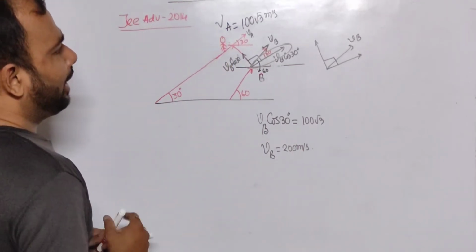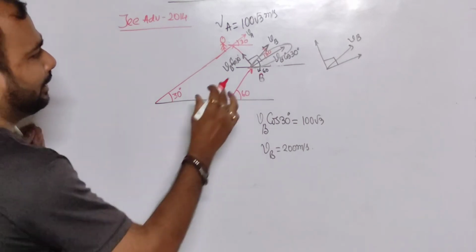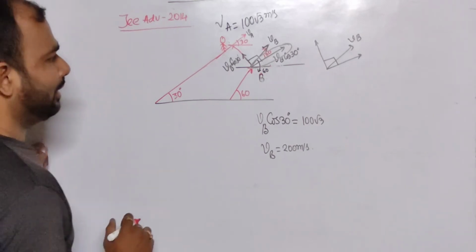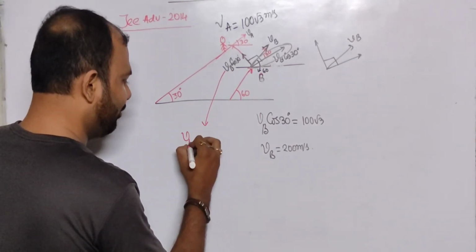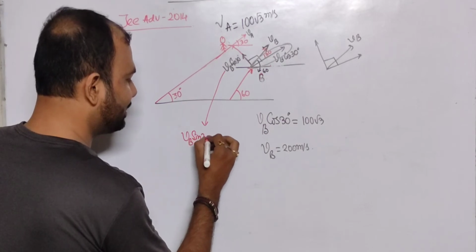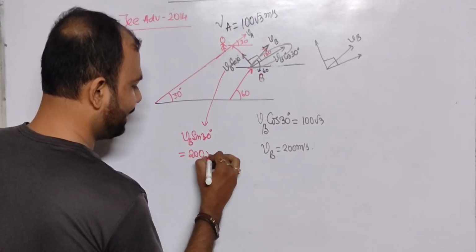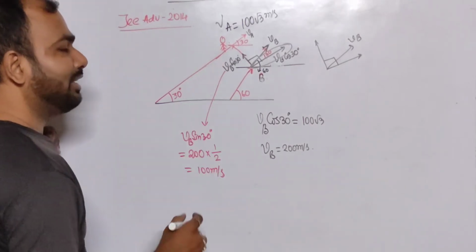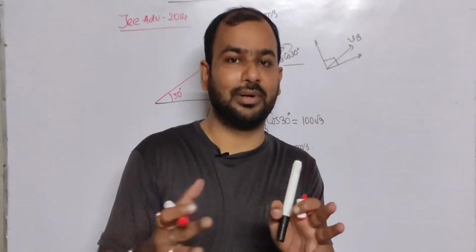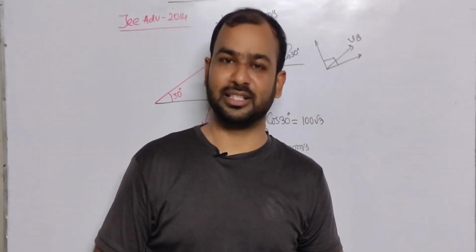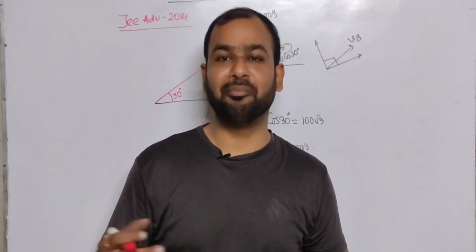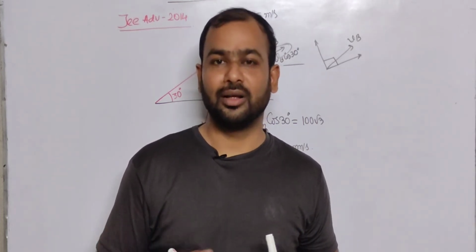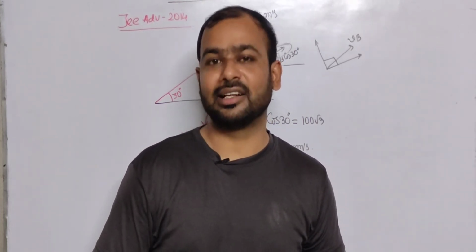For the observer, there is no acceleration. It is moving with a constant speed. So what will be the speed? VB sin 30 degree, that is VB is 200, sin 30 is half, that is 100 meter per second. So the observer realizes 100 meter per second, that means the component of velocity of plane B, and it is non-accelerated motion.